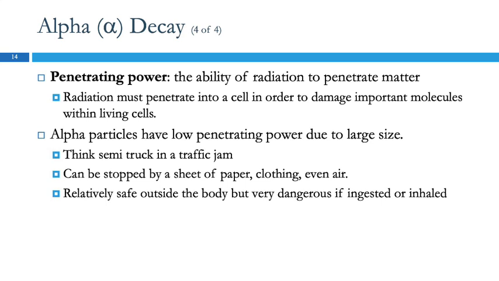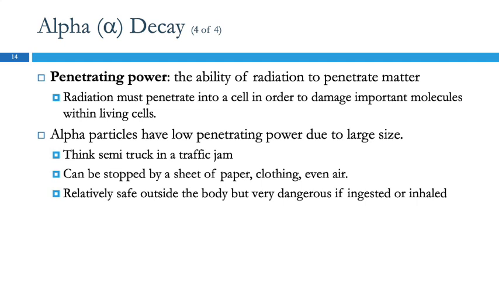Alpha particles have low penetrating power because of their big size. They have a hard time getting through a traffic jam because they're so big. So think semi-truck in a traffic jam. Alpha particles can be stopped by something as small as a sheet of paper or your clothing.